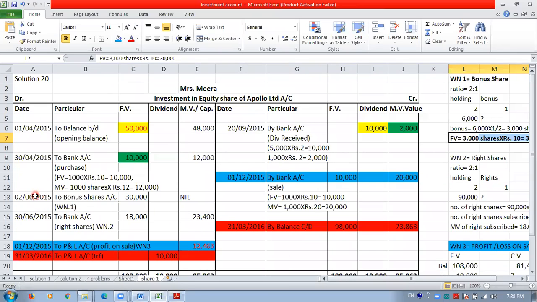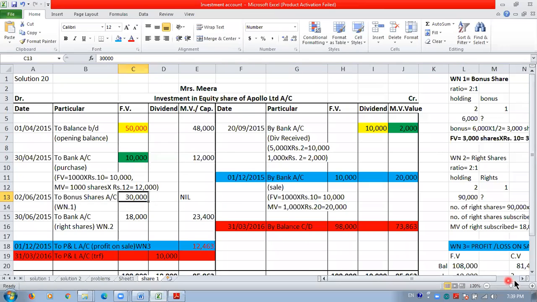On 2nd June 2015, bonus shares 30,000, and as the bonus shares are free of cost, Meera has paid nothing for getting the bonus shares. That's why we enter nil, or we can enter zero, or simply a dash. It indicates that no cost is borne by Meera for bonus shares, because these are free of cost shares. So we only have to enter the face value column with the proper amount in case of bonus shares. Okay, so this transaction is over here.